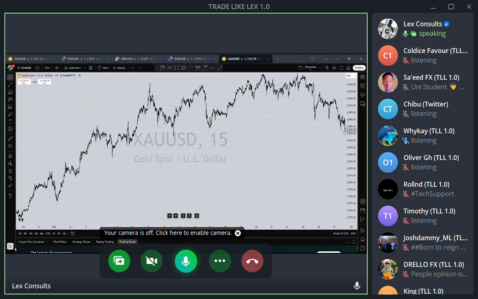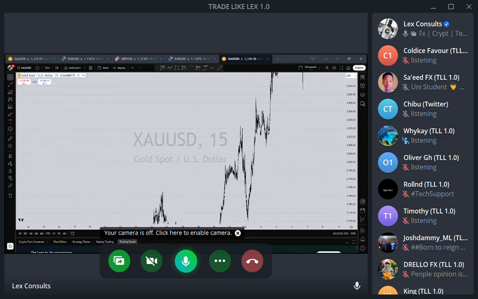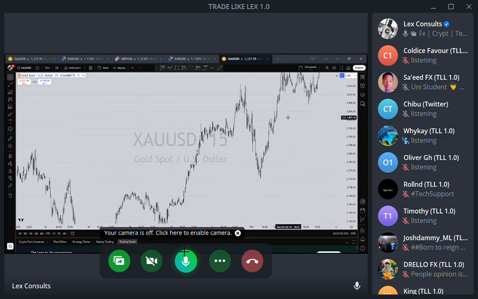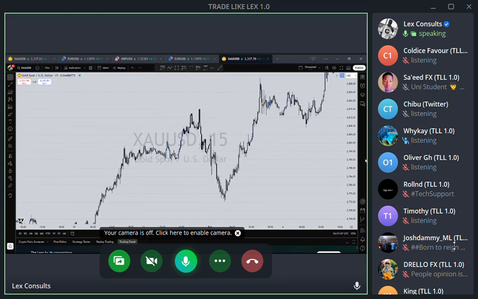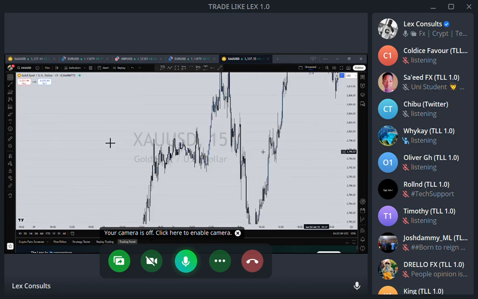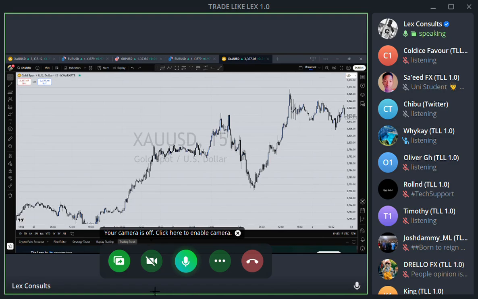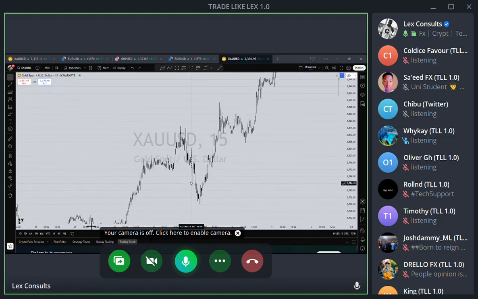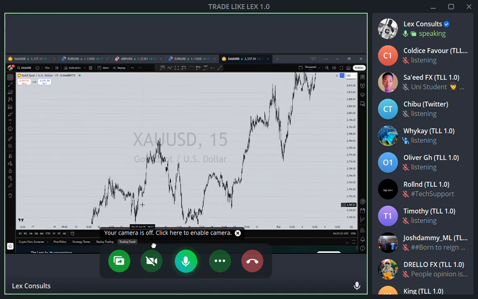Okay, I think I've seen something like that before, but it's here. Not exactly. Not exactly. It's only the resistance that is broadening. Support is not following up.